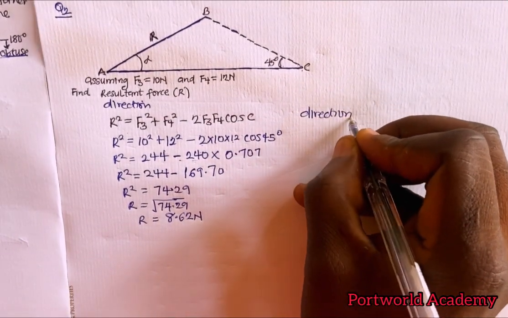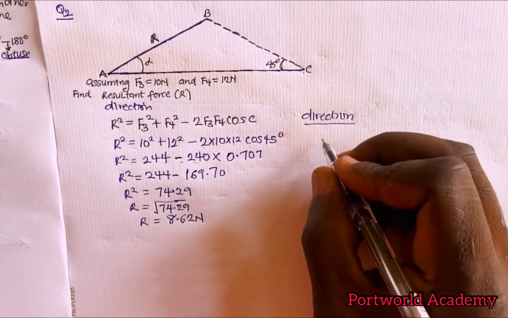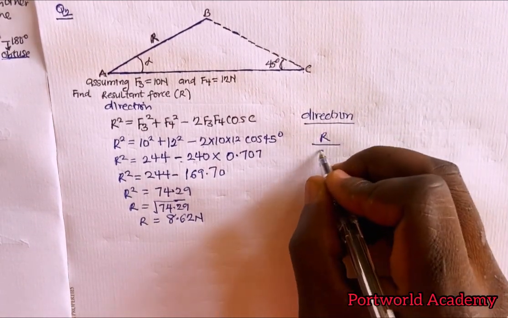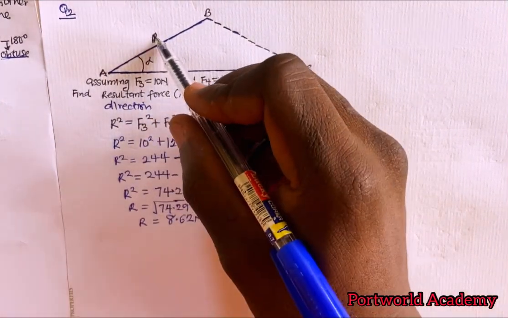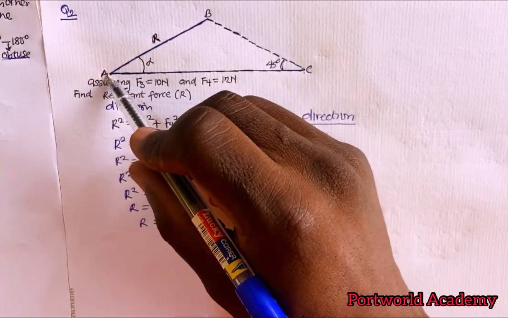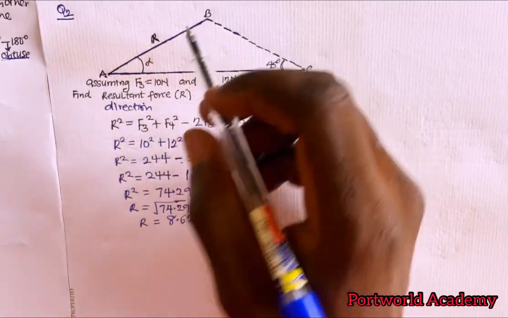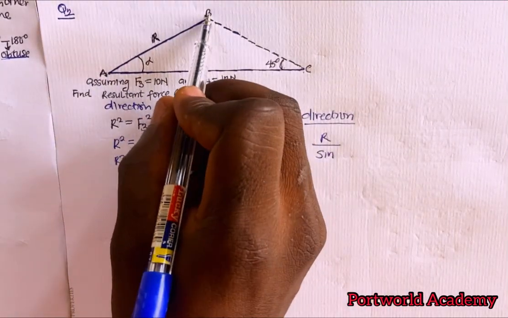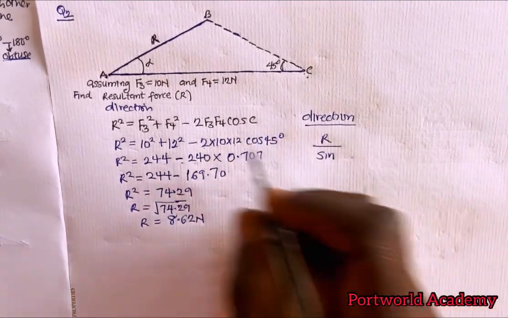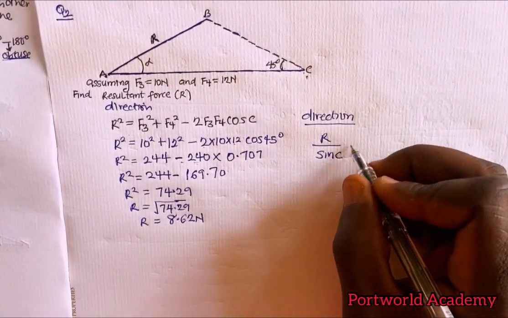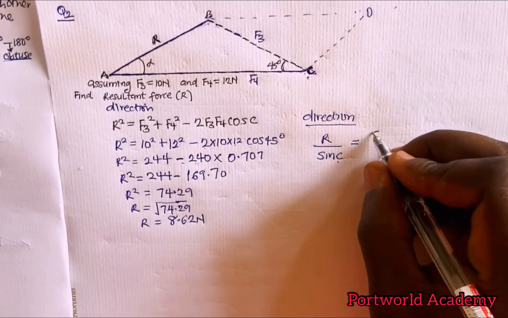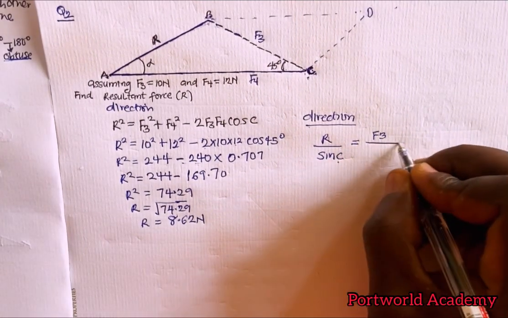To calculate the direction in this case, we are going to have R over sine R. This R is in between angle A and B, right? Then R over sine C equals F3 divided by what?